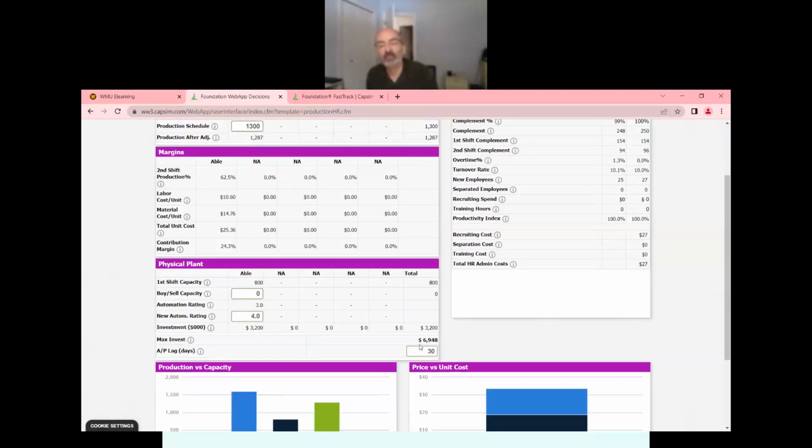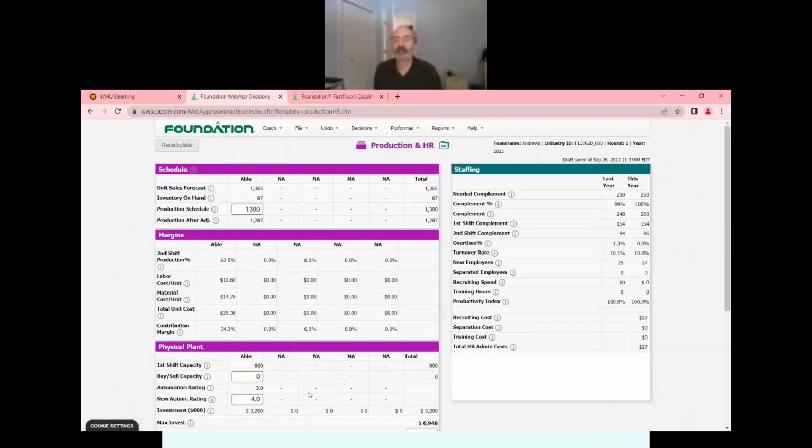Now you're constrained pretty much on your max invest the first round. I'm going to want to come and make an assembly line new product, ACE. So I'm just moving this up by 1 unit. All right, I'd like to move it up more, but we're going to be in subsequent rounds. Over here is where you'll make a couple of decisions in the second round in human resources.